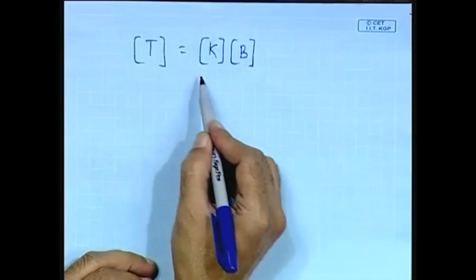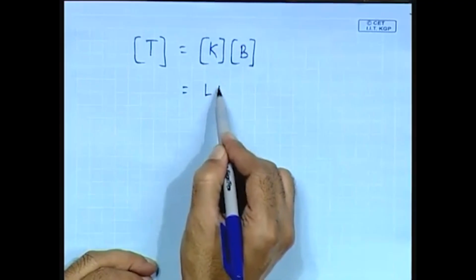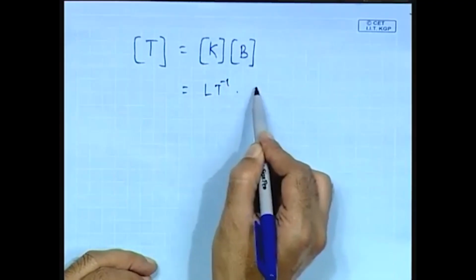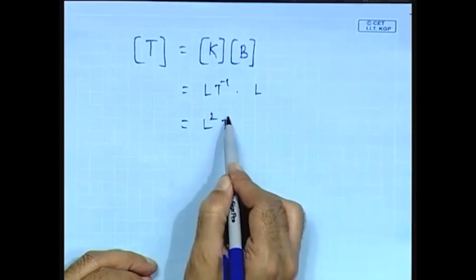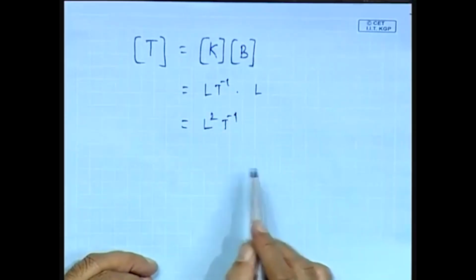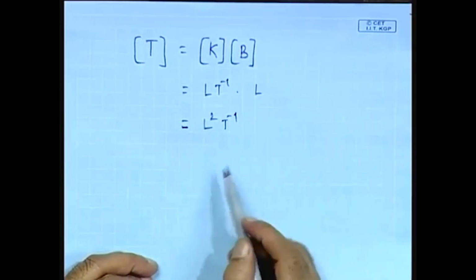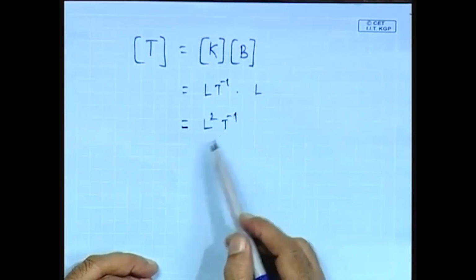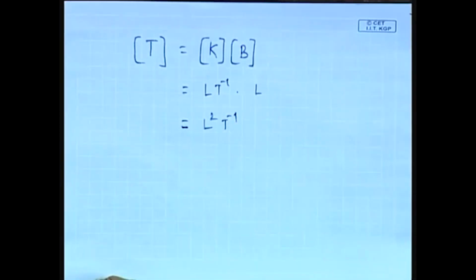So, therefore, the dimensions of transmissivity T are L T to the power minus 1 into L, so this is L square T to the power minus 1. So, this transmissivity is expressed in terms of meter square per second or meter square per day, or it can be meter square per hour, depending upon the time unit in which the groundwater flow is described.